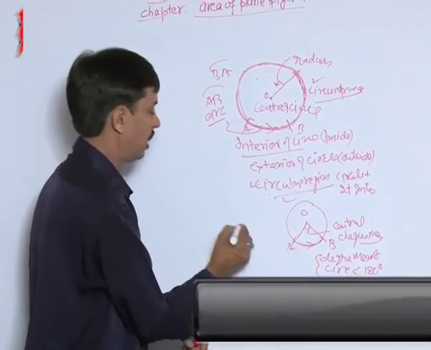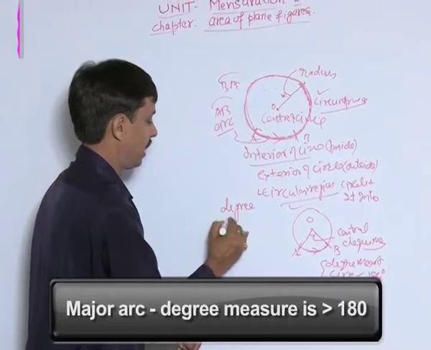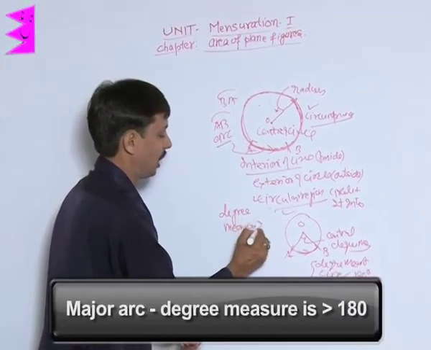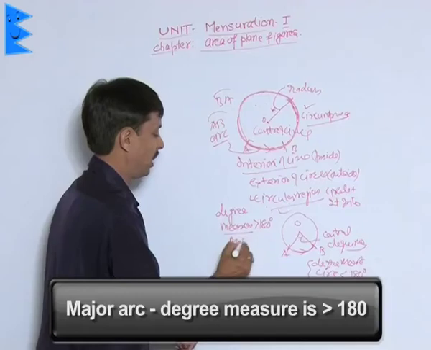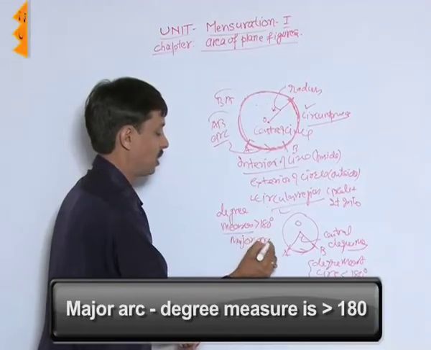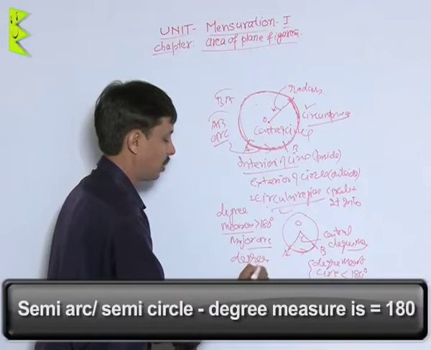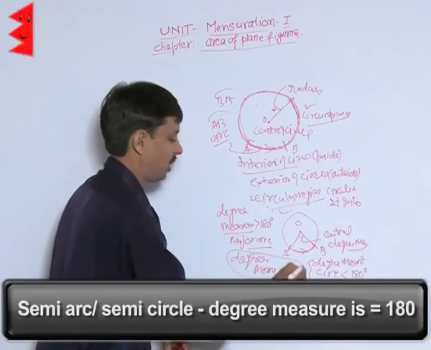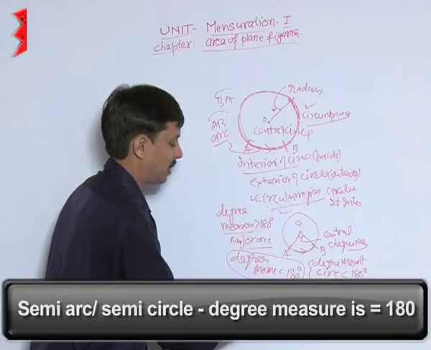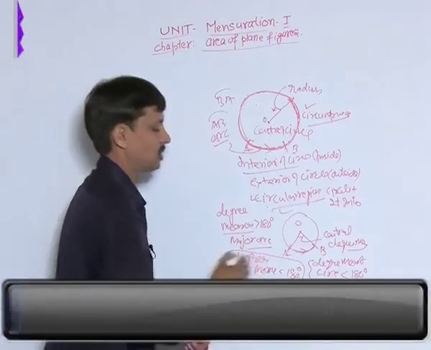If the degree measure is greater than 180 degrees, we say it is the major arc. If the degree measure is exactly equal to 180 degrees, we say it is the semi arc, or the semicircle.